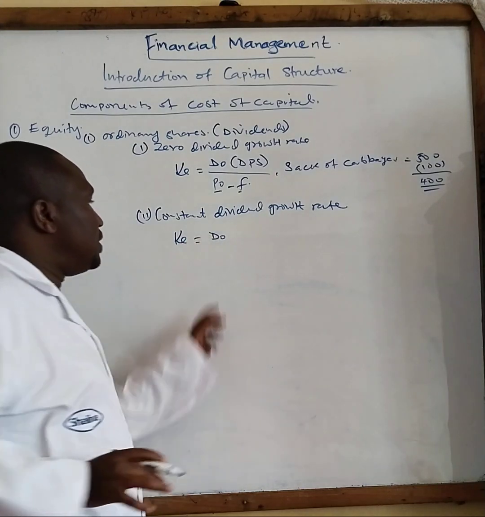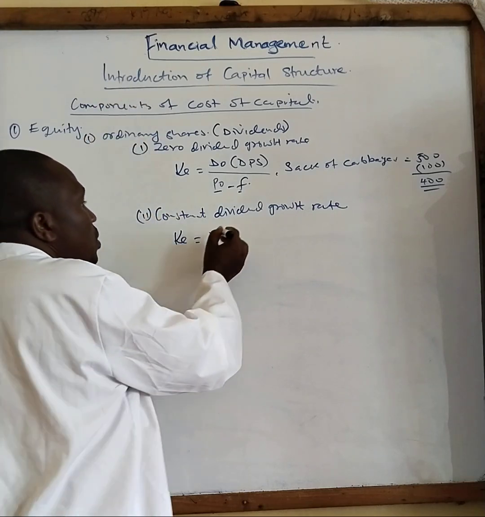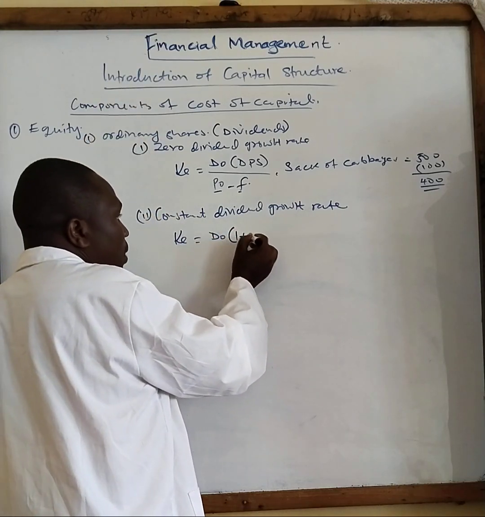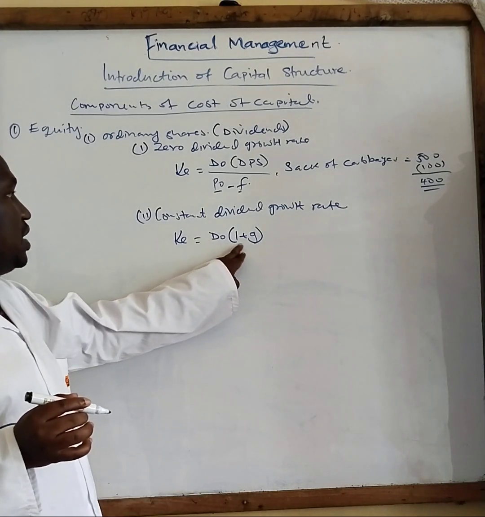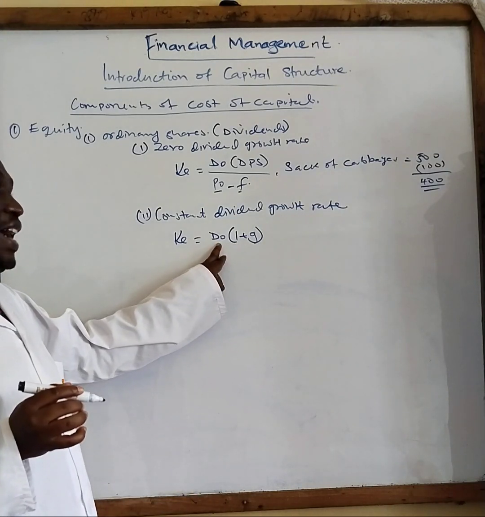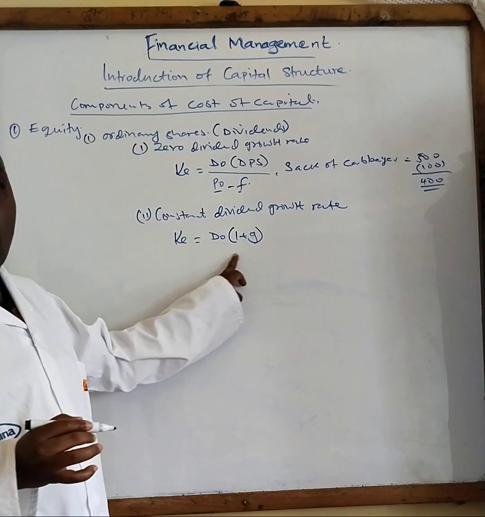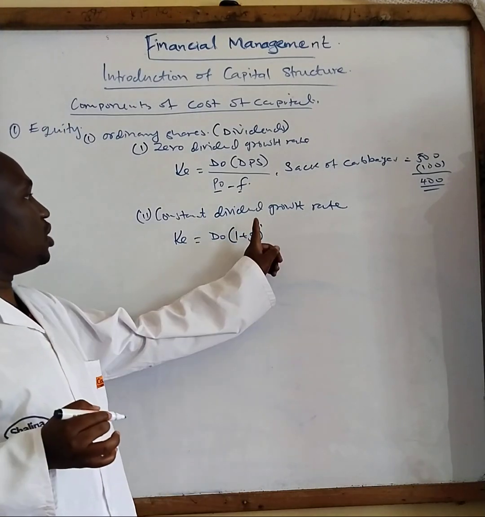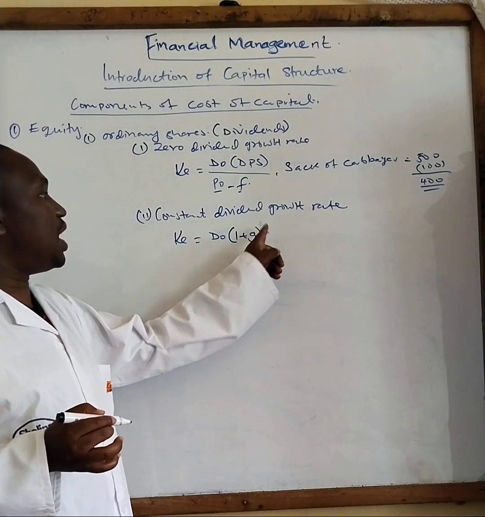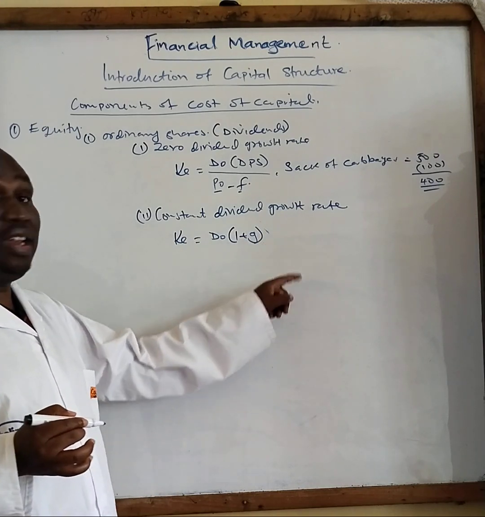Then if you want to make this current dividend go to year 1, year 2, year 3, we will have a growth, which is 1 plus G. So D0 into bracket 1 plus G is the growth. It means the dividend paid in the current year, by the end of the first year, would have grown. Instead of indicating that, I can just leave it like that, because it means it is growing after 1 year.